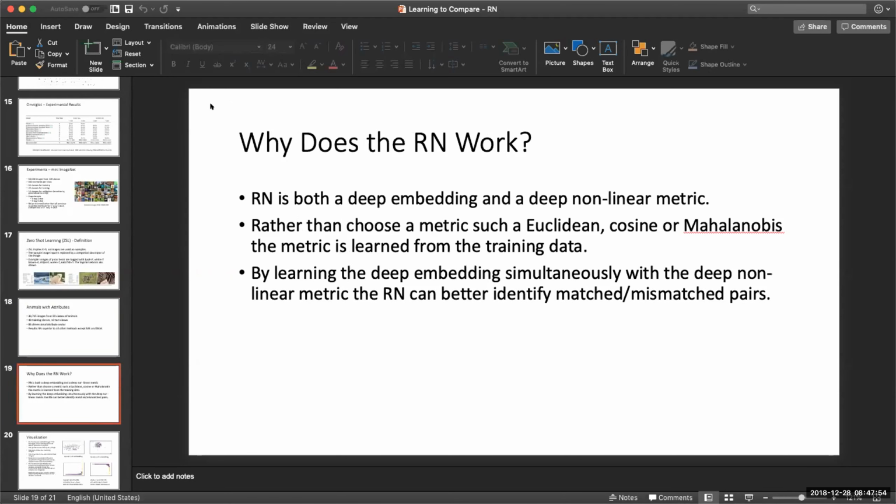So, moving into a little more description of how things work. The important thing is that the relational network is both a deep embedding and a deep nonlinear metric.